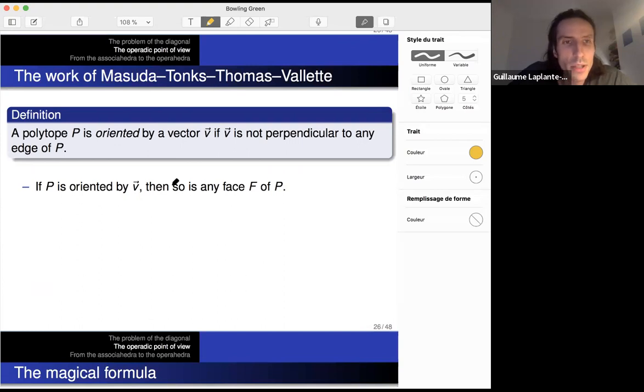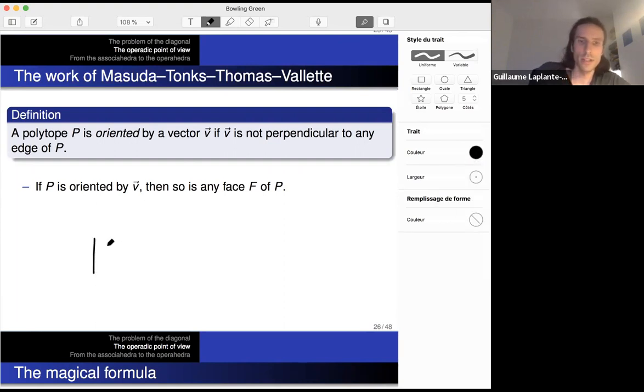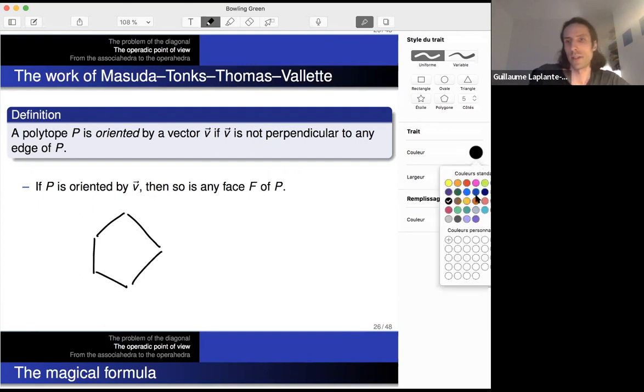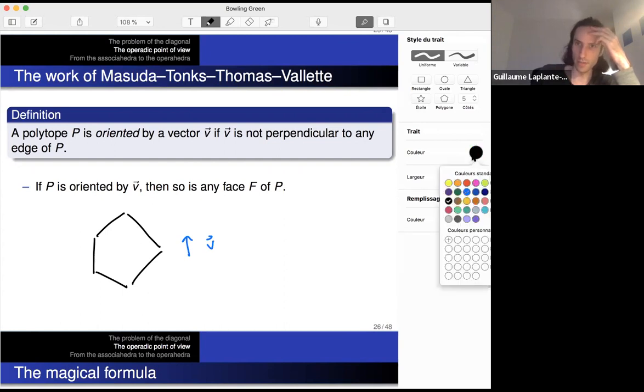We say that a polytope P is oriented by a vector V if V is not perpendicular to any edge of P. So let's take our two-dimensional associahedron, and let's pick a vector that is not perpendicular to any edge. Then P is oriented by V.